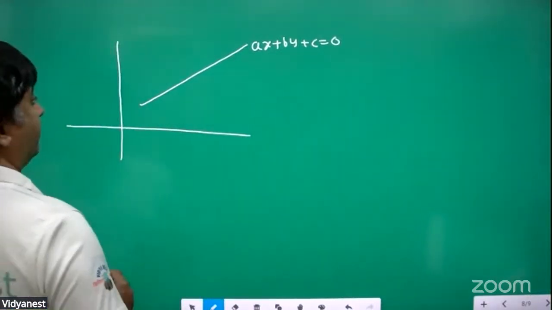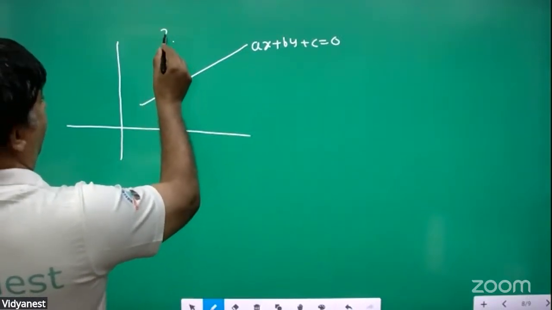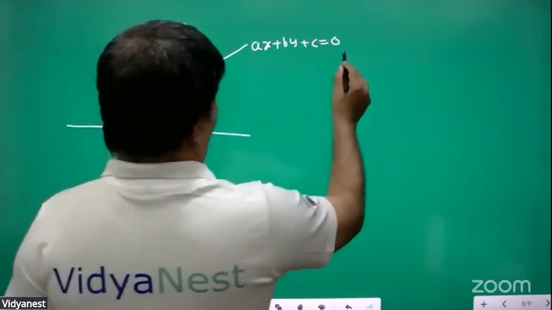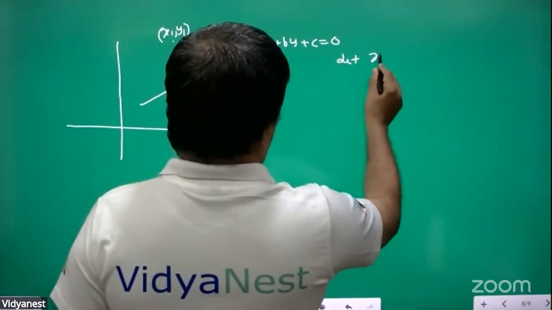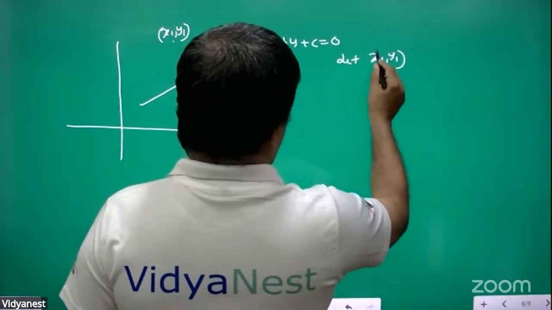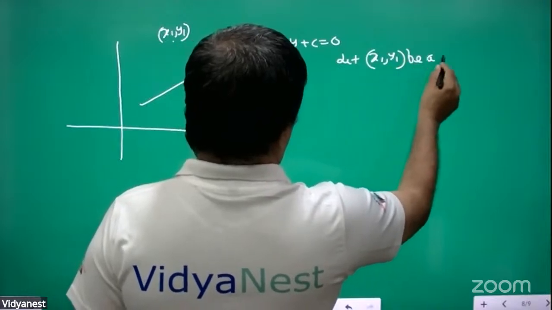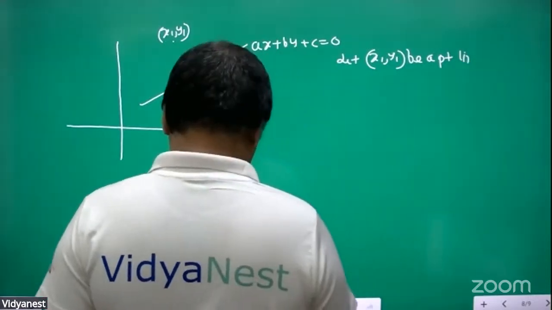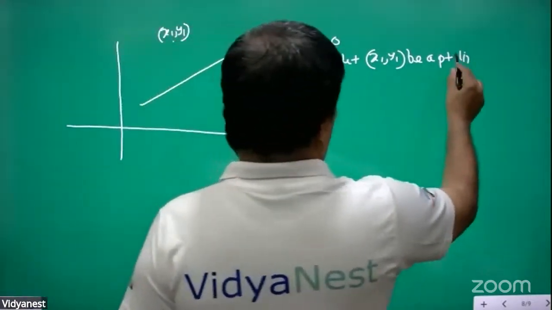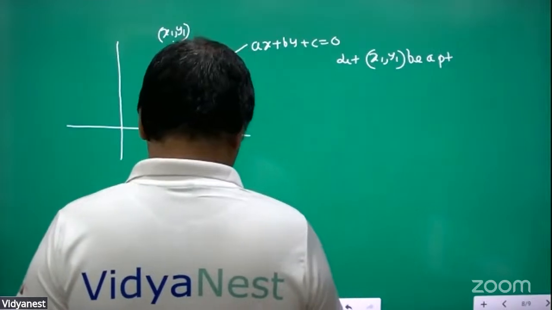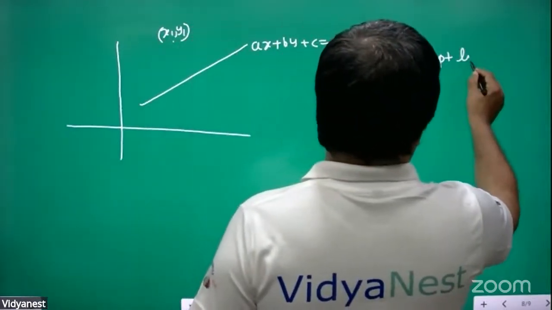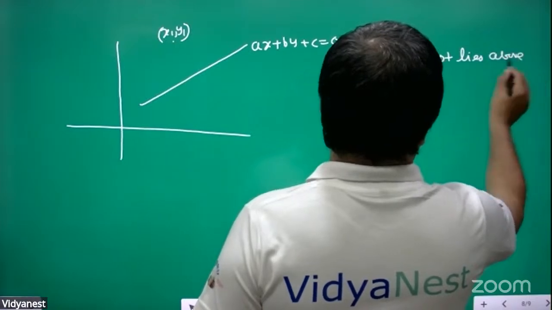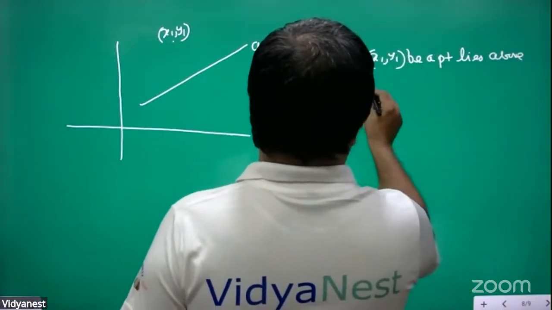See, suppose there is a point x1, y1, let it be a point that lies above the line.